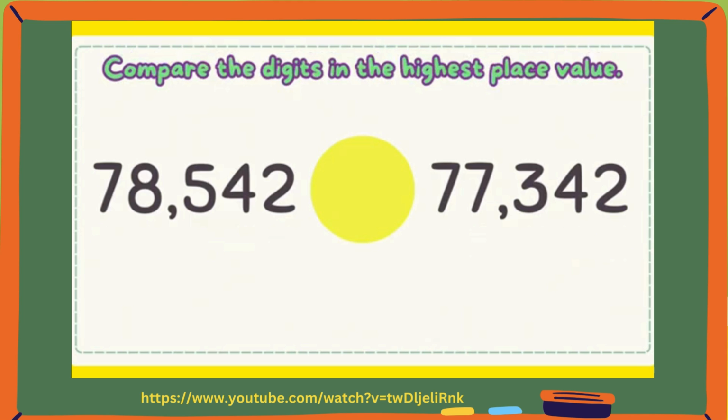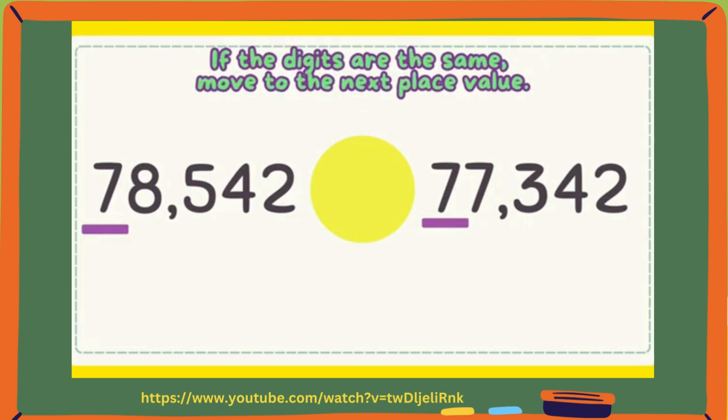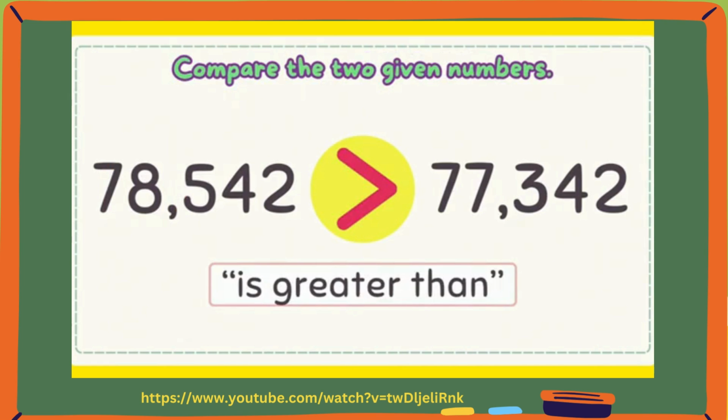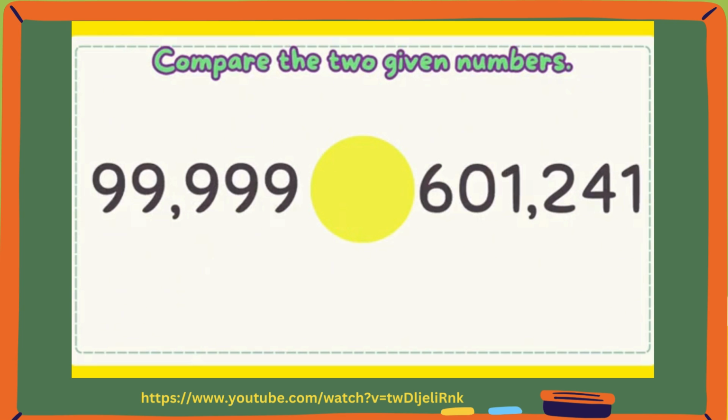So, let's compare the digits in the highest place value. 7 and 7. If the digits are the same, move to the next place value, which is 8 and 7. Since 8 is greater than 7, that means 78,542 is greater than 77,342.